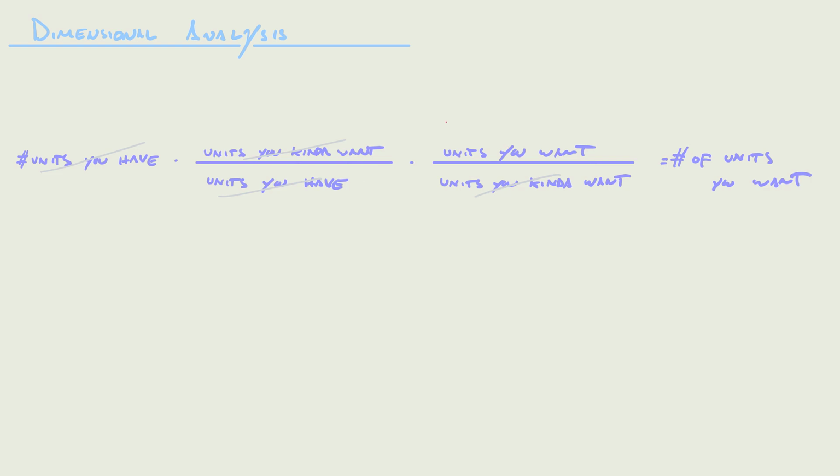But then you also know the units that you want versus the units you kind of want. So things cancel this way, first they cancel this way, so then you have units you kind of want, then they cancel this way, so then you end up with the units that you actually want. So you can chain a whole bunch of these things together in order to get whatever your numerator and denominator units are supposed to be in the problem that you're doing.